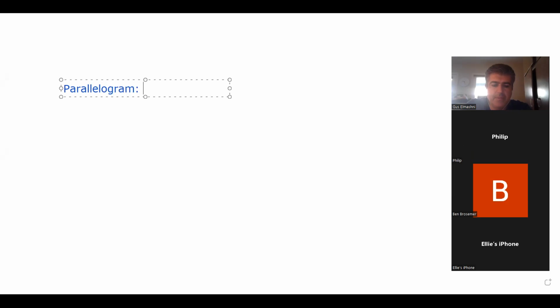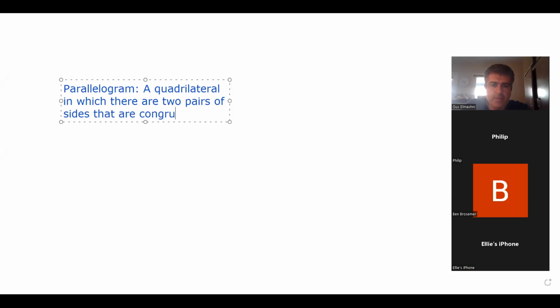It's going to be a quadrilateral in which there are 2 pairs of sides that are congruent and parallel. Okay, there you go. That's the definition of parallelogram. And I'll draw for you a diagram.